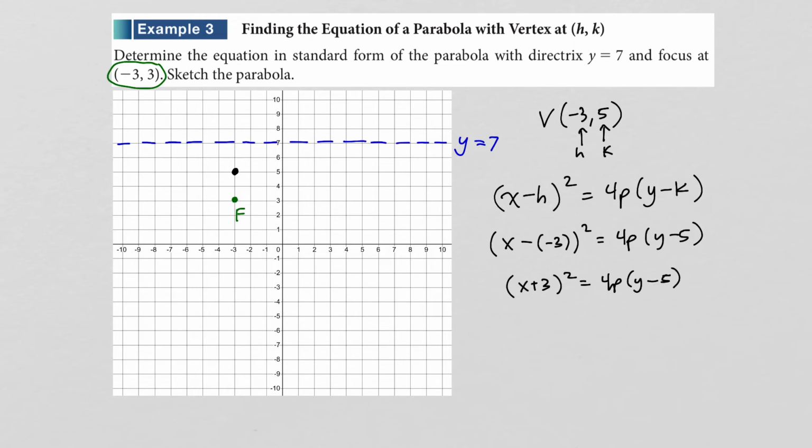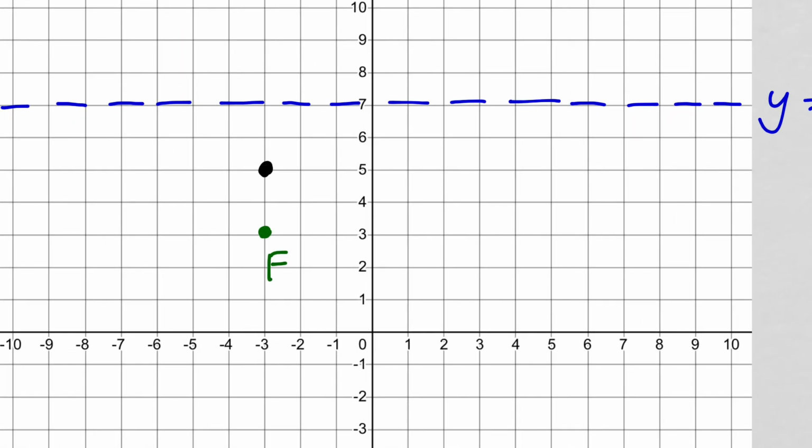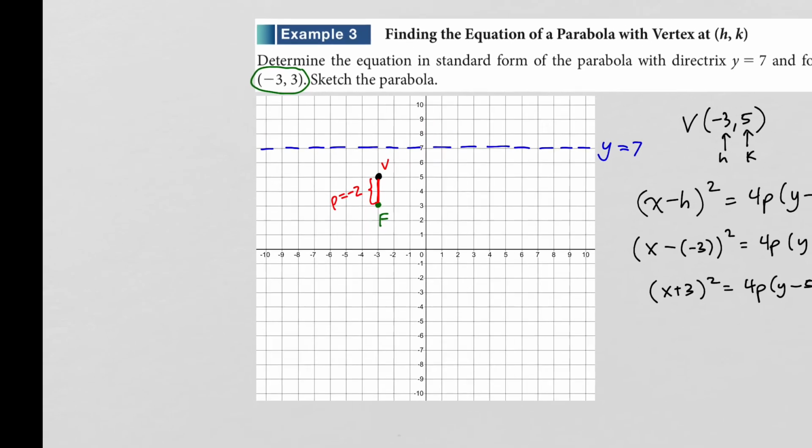Now the last thing we need to do to find the equation of this parabola is determine the value of p. Well, again, the value of p is the distance between the vertex and the focus. So this is the value of p. This distance here is 2 units. However, since it's opening downward, we know that p has to be -2.